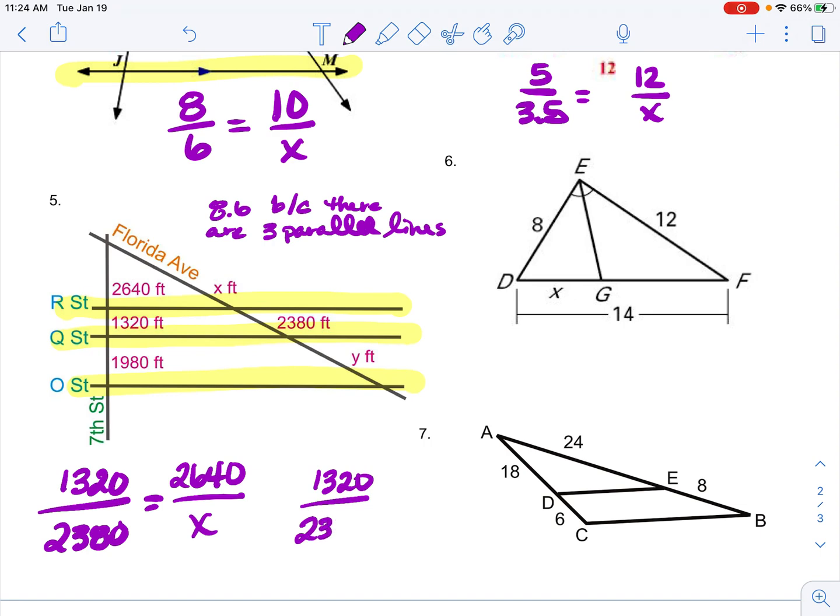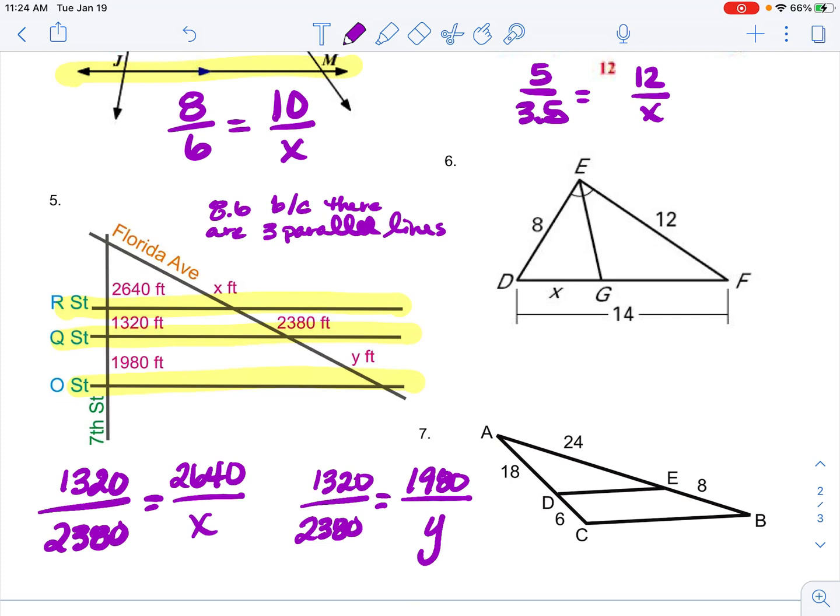And then we're going to use the same measures again and match it up with y. So the 1980 is going to match up with the 1320, and the y is going to match up. And again, you simply solve these in order to determine the values.